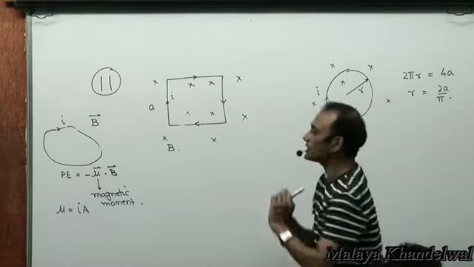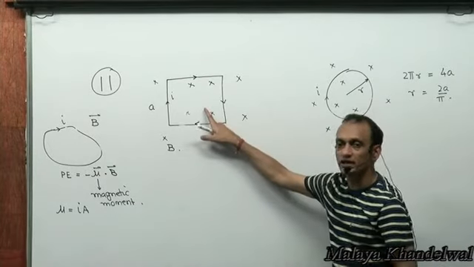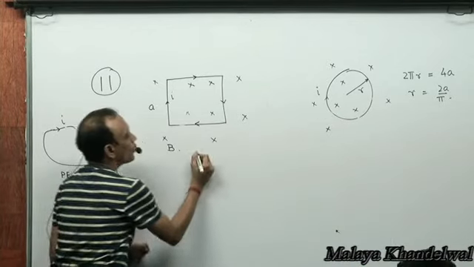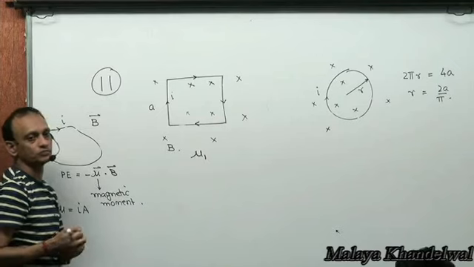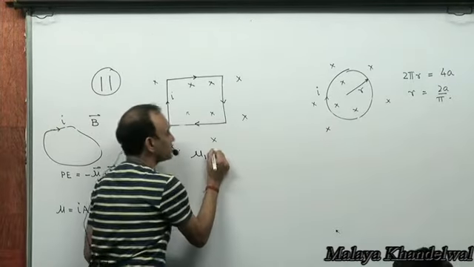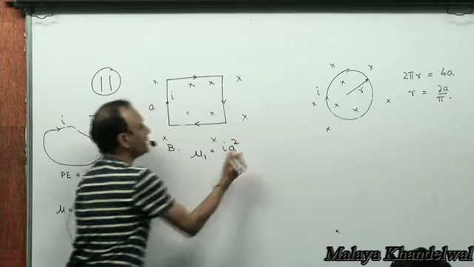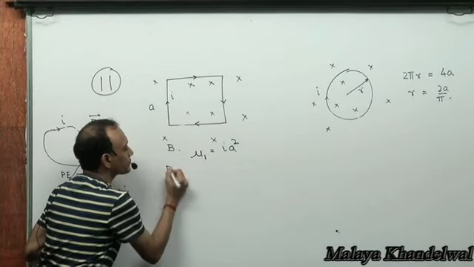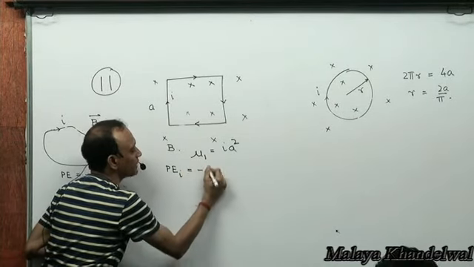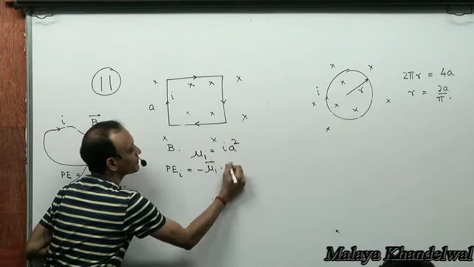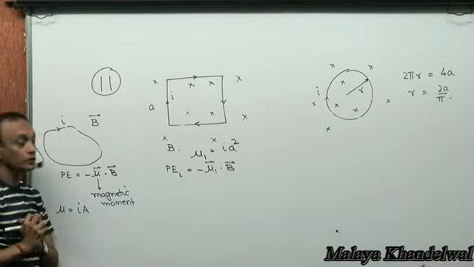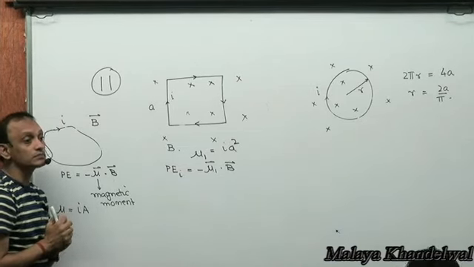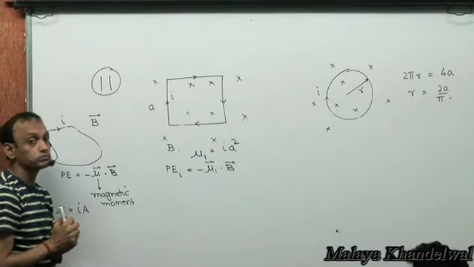Okay. So our task is simply to compute the potential energy of this and the potential energy of this. So first things first. What is the magnitude of the magnetic moment of this loop? I into A squared is the magnetic moment of the loop, right? The initial potential energy is going to be minus mu1 dot the magnetic field vector, right? Now, what is the angle between mu1 and B in this case? 0.